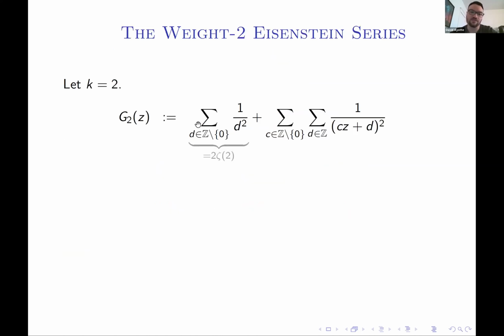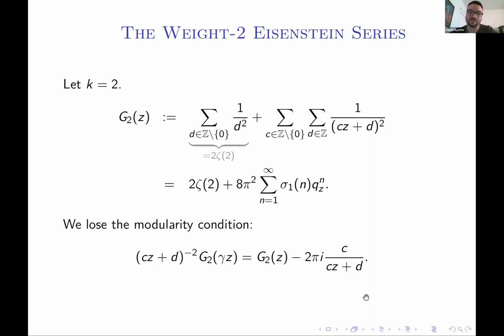So we need to choose a specific ordering of the sum, which we do like so. This choice of ordering gives us this Q expansion, which is very similar to the one above. But since we lost the absolute convergence, we also lose the modularity condition.